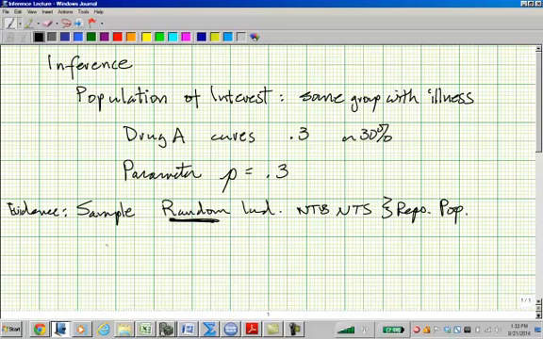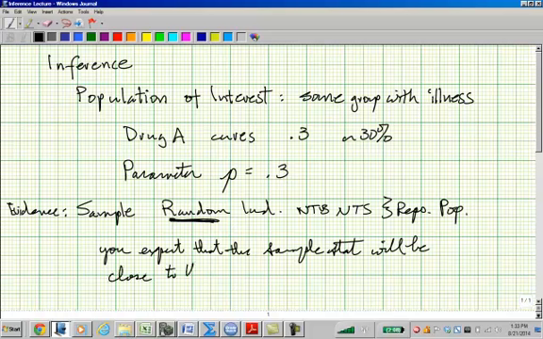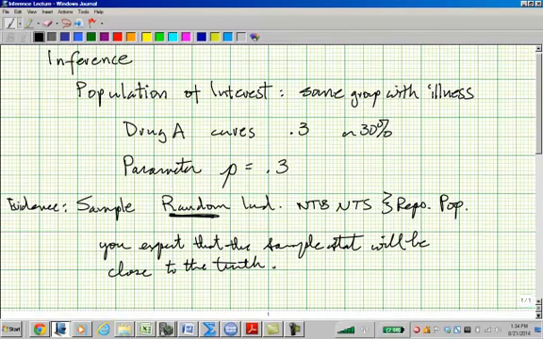Therefore, you expect that the sample statistic will be close to the truth. That is the true proportion of people that are cured by the new drug.